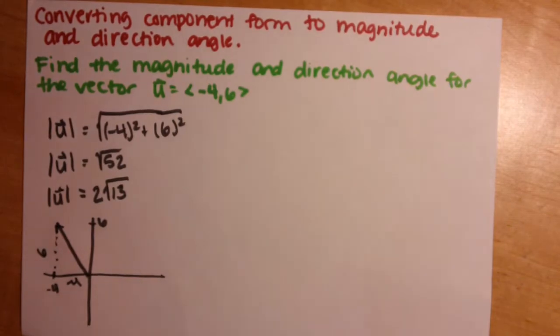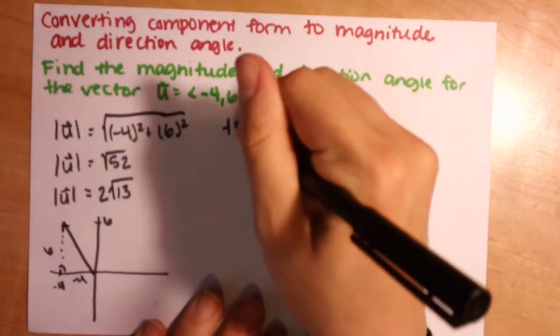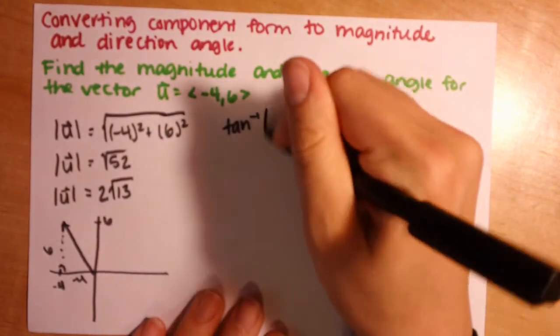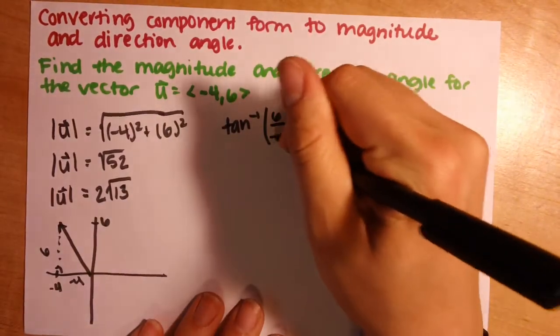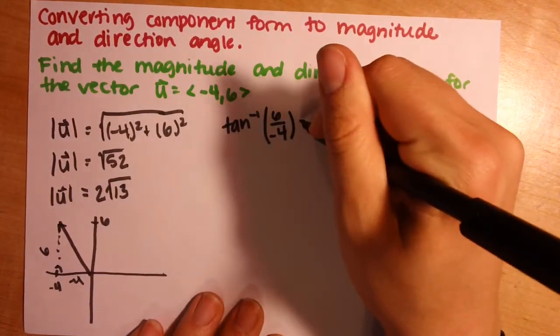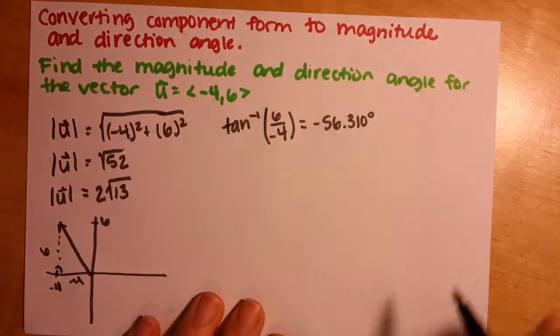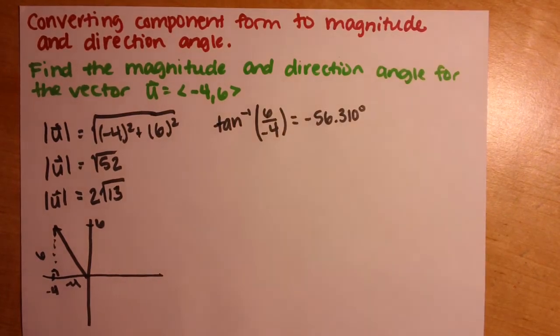We can find this angle just like we found for any other right triangle. We have our opposite and our adjacent, so we can use tangent inverse of our opposite over adjacent, and that's going to equal -56.310 degrees. But now -56.310 degrees is over here.